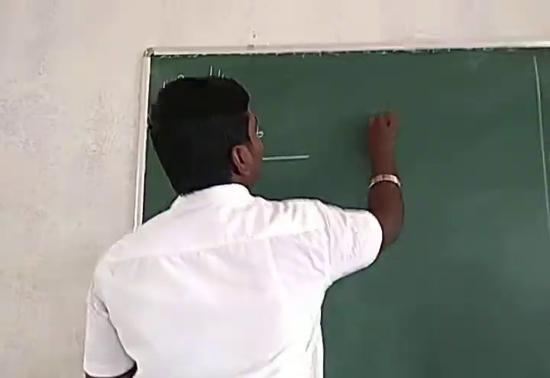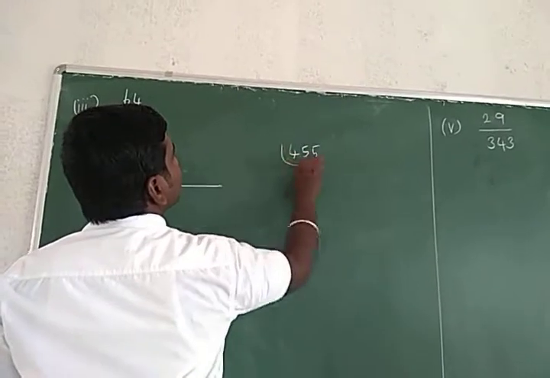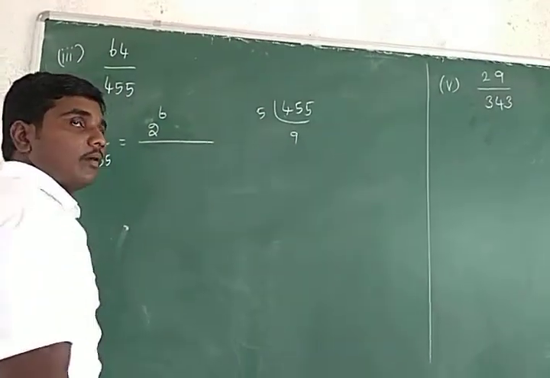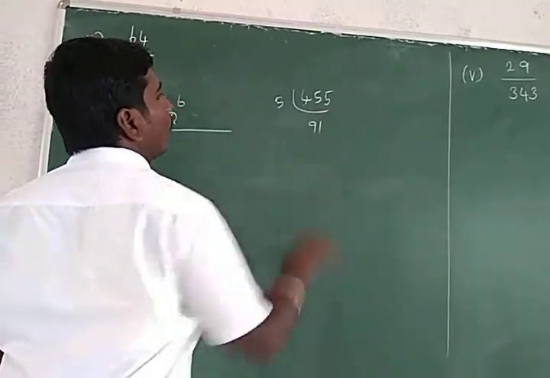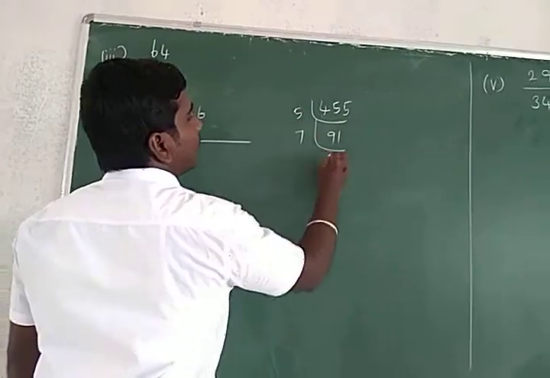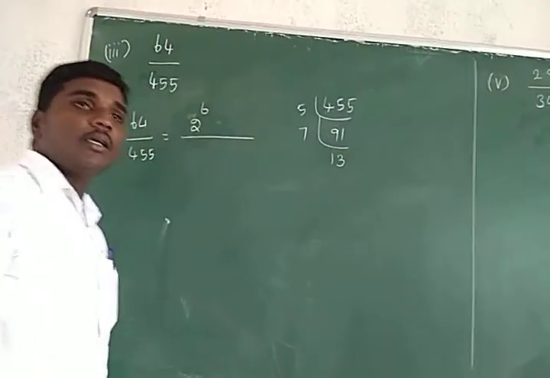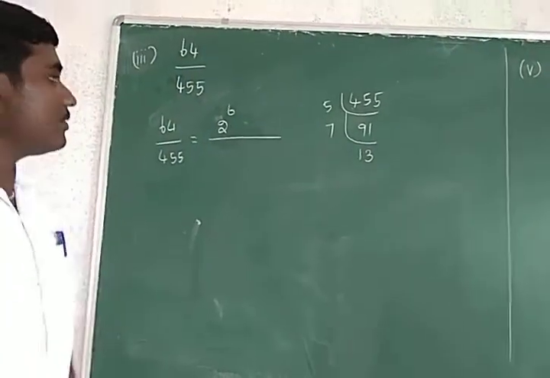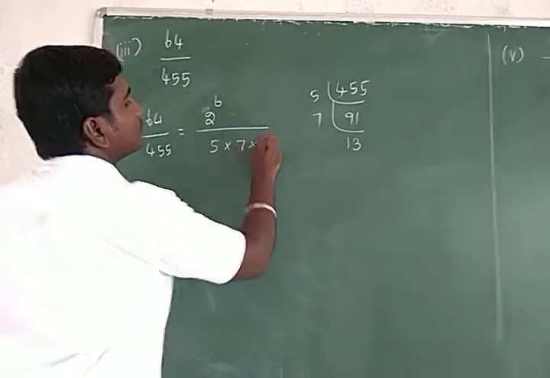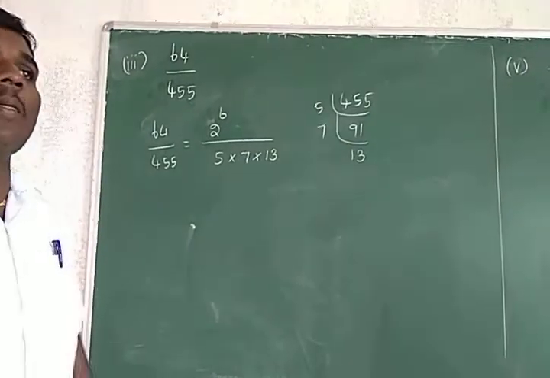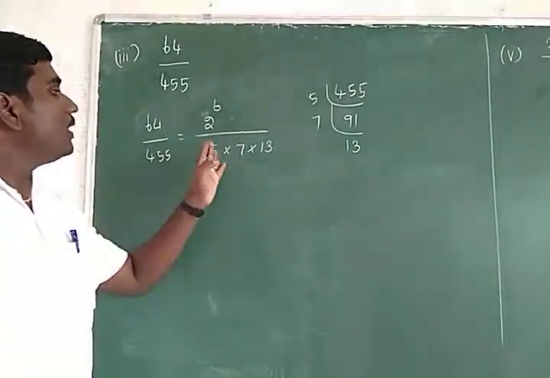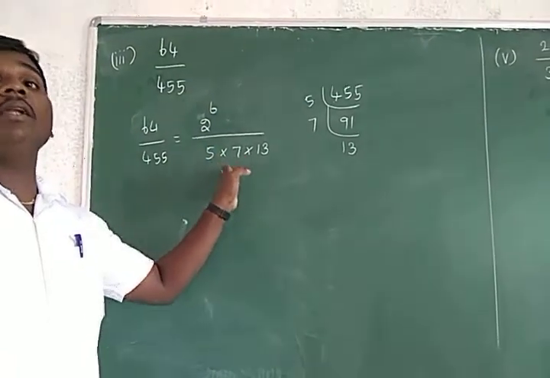Here 455: divide by 5, 9 fives are 45, remainder, 91. 91 is a multiple of 7: 13 sevens are 91. So 455 is 5 into 7 into 13. The denominator should have only 2 or 5, or both 2 and 5. But here we have 5, 7, 13.